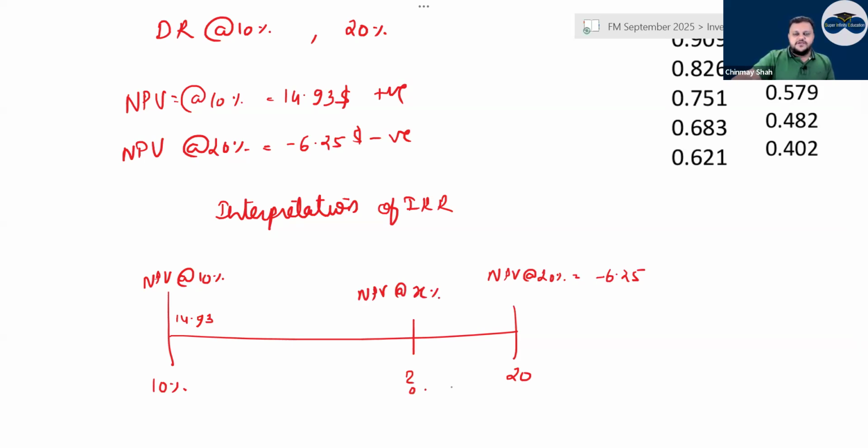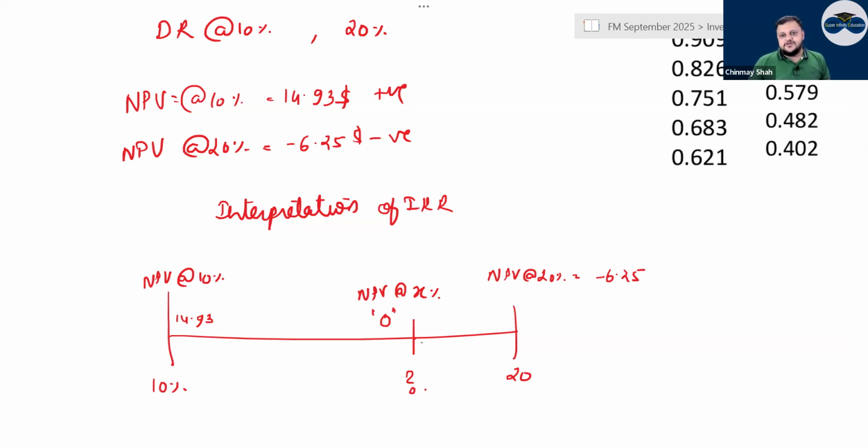Everybody okay with this? Tell me. X percentage, correct? How much has to be the NPV? 0. I want to find this point. That means, between two points, 10% and 20%, 14.93 and negative 6.25, I have to find one value.